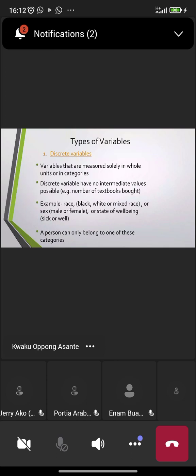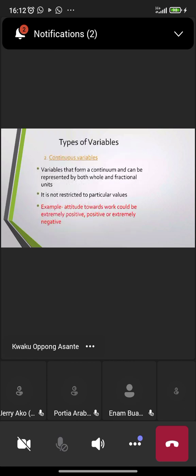Some variables that we use in our research can be discrete variables, and we see gender or sex here. The other form of variable is what we call continuous. If it is not discrete, then it can be continuous. Continuous means that it comes in a continuum and can be represented by whole numbers or fraction units, so there are no restrictions of values.